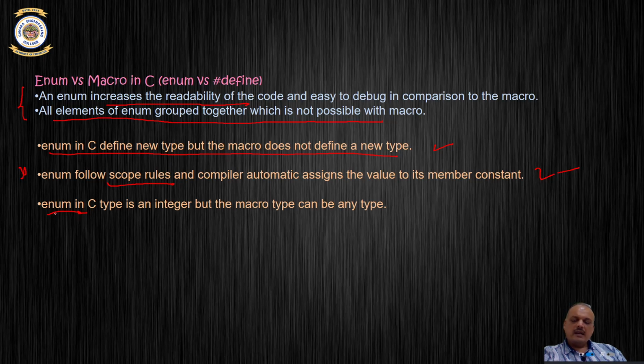The main reason is, in an enumerator you are stuck to assigning the names in the enumerator list to an integer, which is not the case with a macro. You can have a constant with a float, a character, or even a function for a macro. So that is where macros still have an advantage over the enumerator. But if you are defining a list of macros which take up integer constants, it is better to go for an enumerator rather than a macro.